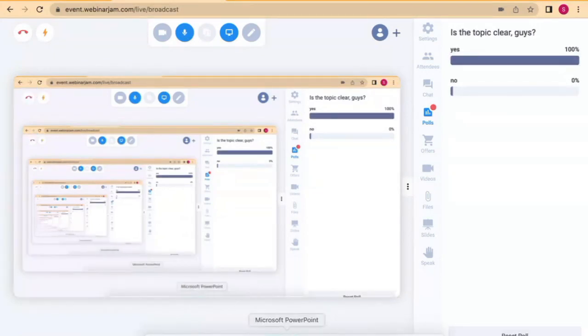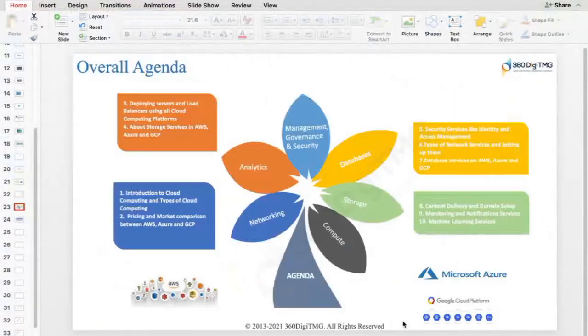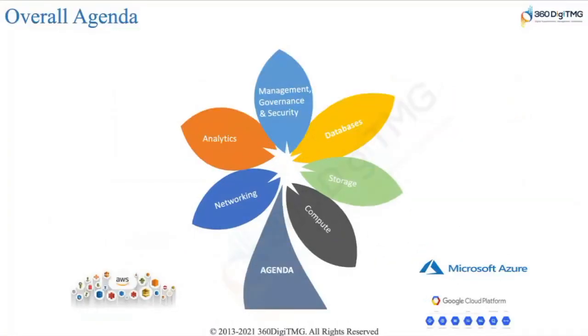Let us also look into our agenda. As I said, we at 360DigiTMG provide trainings in emerging technologies.